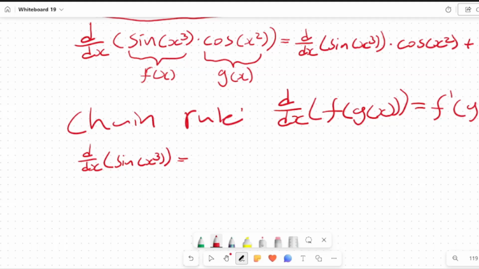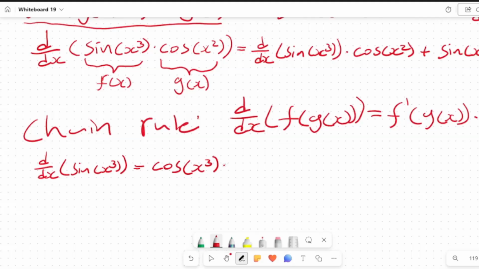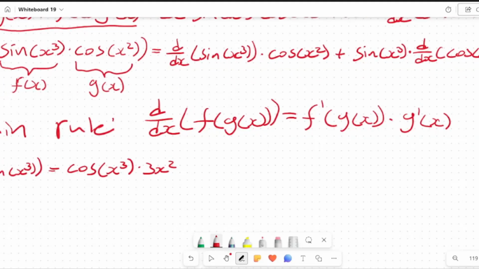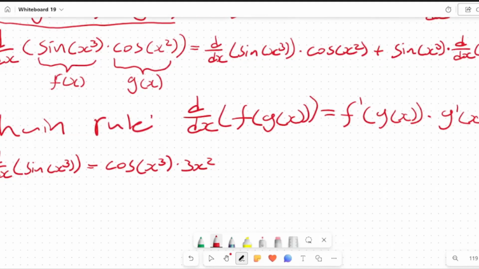So that's going to be cosine of, the derivative of sine is cosine, and we have x cubed, our inner function, and we multiply that by the derivative of the inner function, so that's going to be times 3x squared. And because the derivative of x cubed is 3x squared according to the power rule. And you can of course also find the derivative of x cubed using the definition of the derivative. It should be possible, and it shouldn't be that hard, I think.